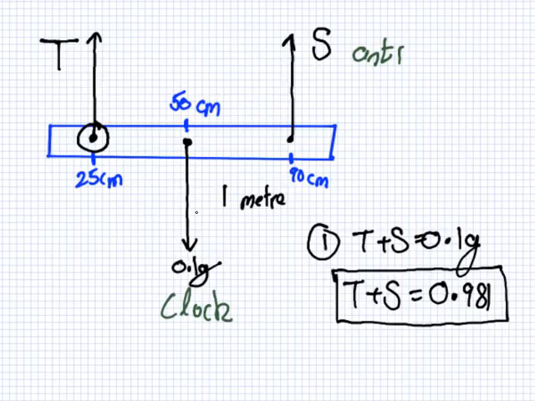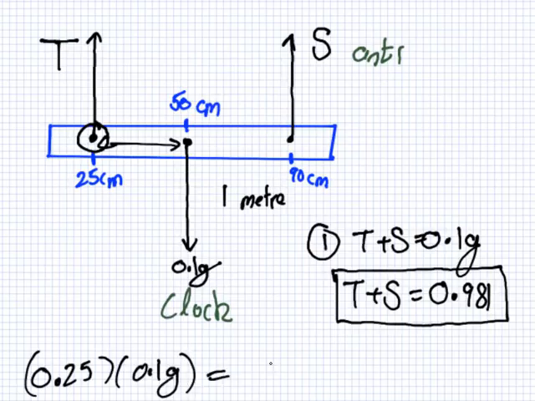So, what is the turning force from this one? What's the distance? From here to here, 0.25. And the force? 0.1 g. And then that should equal the other direction. So what's the distance now? From here to here, 0.65.